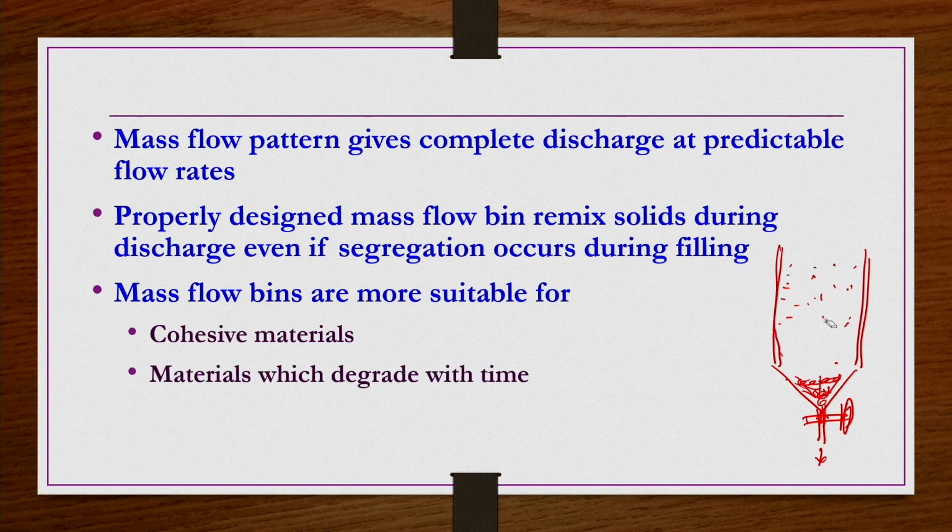materials what flow patterns sometimes occur. Initially, when you are not drawing it, the material is filled like this, but when you start drawing the solids out of it, these kinds of rat holes are formed.